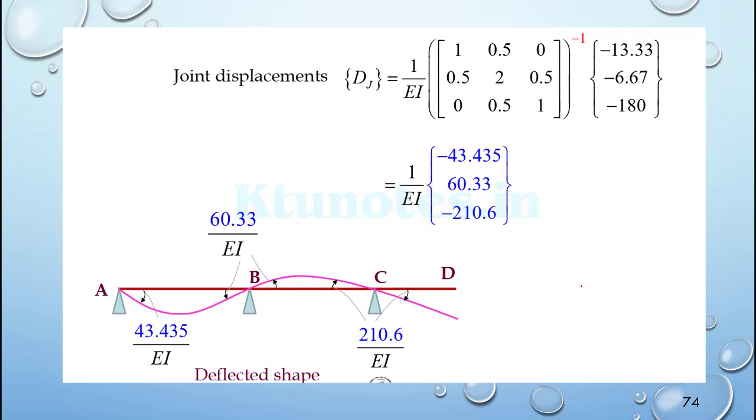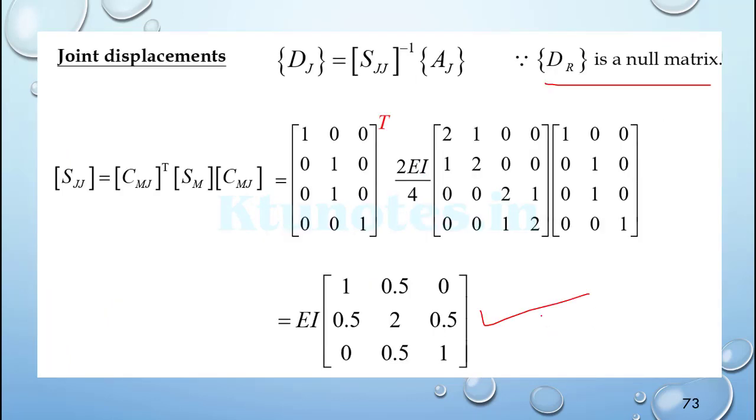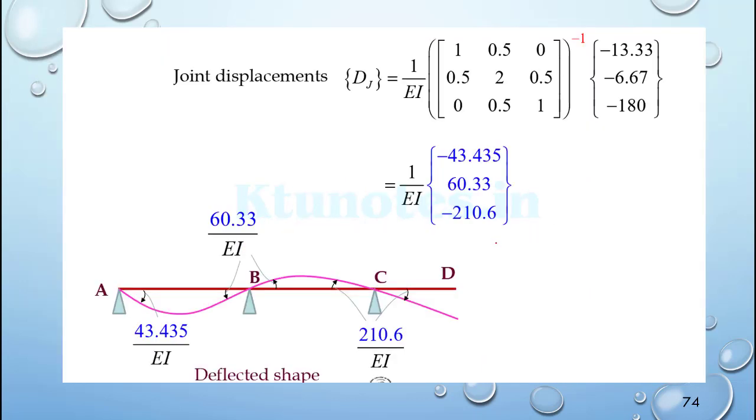The joint displacement dj is equal to SJJ inverse into AJ. So we obtain the value as 1 by EI into minus 43.33, 60.33, minus 210, which is shown in the figure. Being negative, that should be a clockwise rotation.